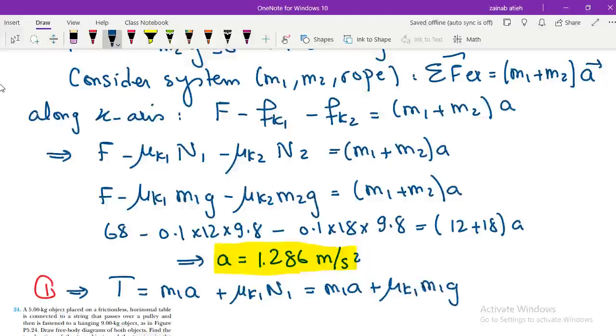I substitute with numbers and I get T equals 27.2 newtons, and this is the tension.